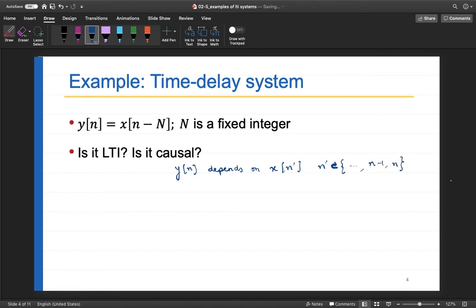That is it. So it should depend only on the past or the current inputs. It cannot depend on the future inputs. Does that happen here? It clearly happens here. If n is greater than 0, then it is a causal system.